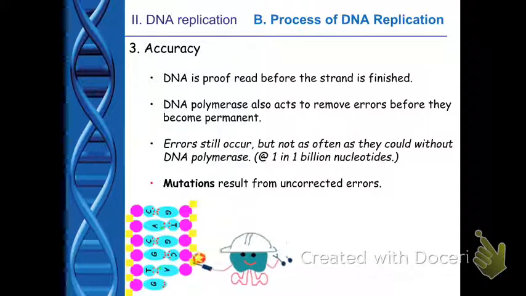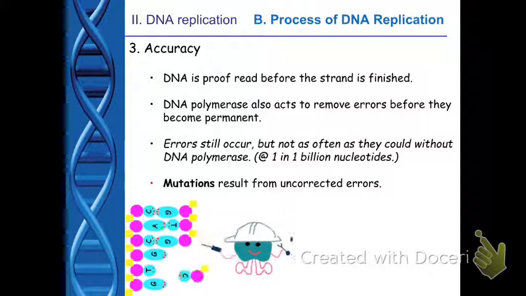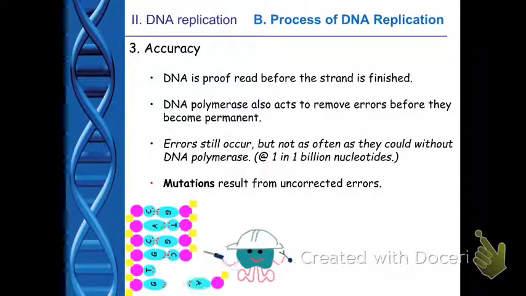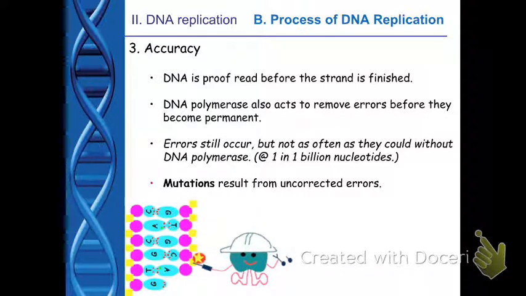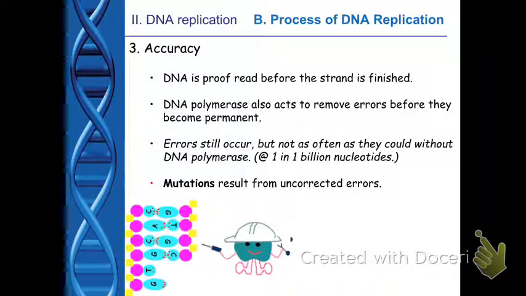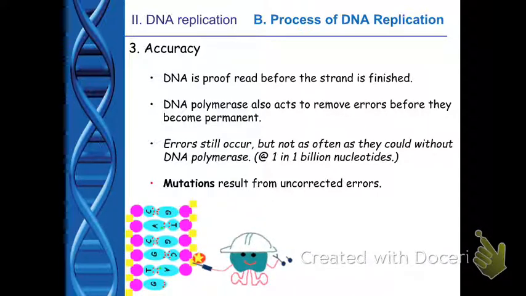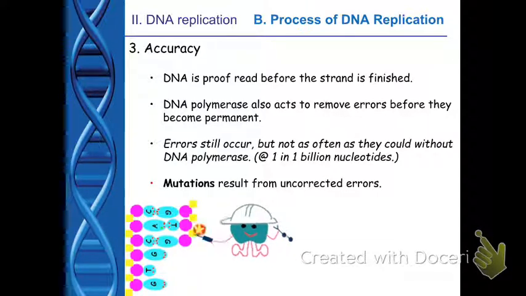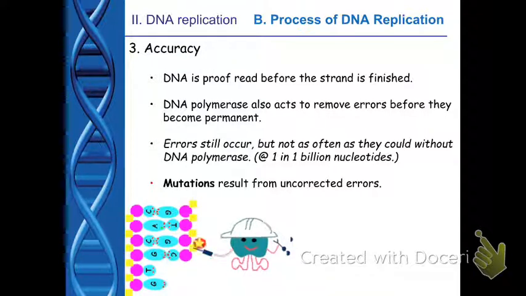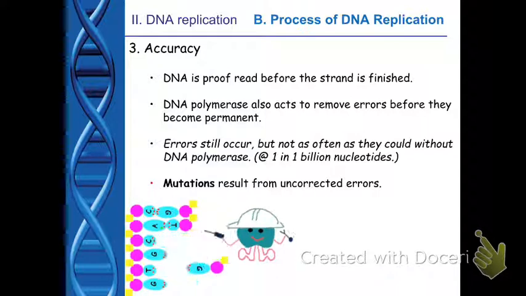I mean, you imagine you have 3 billion tasks, or bases, you have to match up. 1 in a billion, there's going to be a mutation. A lot of times it corrects, but sometimes it just misses it, right? There's always going to be a mistake somewhere. When you proofread something, you just miss it, right? And so it happens here.